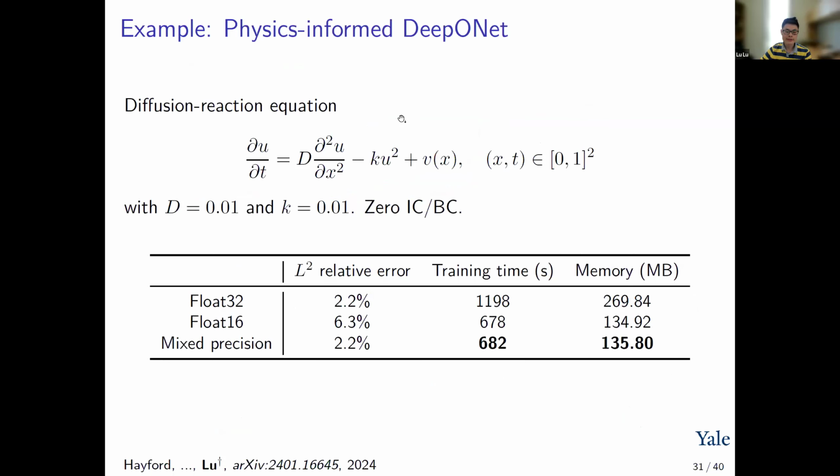For this physics-informed deep net problem, a diffusion reaction equation, we can still maintain the same accuracy as float 32 by using mixed precision, but reduce the training time by 50% and also reduce memory by 15%. This is already implemented in DeepXDE, in our software. Basically, by using this, we can have faster training and less memory for free.